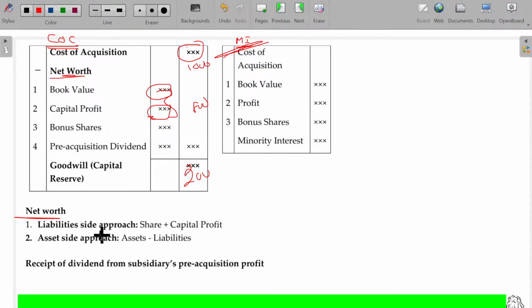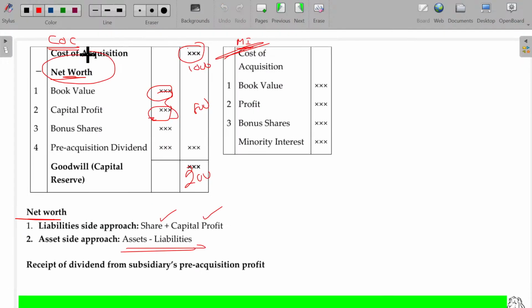See the net worth. This net worth can be calculated based on asset side approach as well as liability side approach. In case of liability side approach, share capital and capital profit will be added. In case of asset side approach, assets minus liabilities is the format to get this net worth. Right.